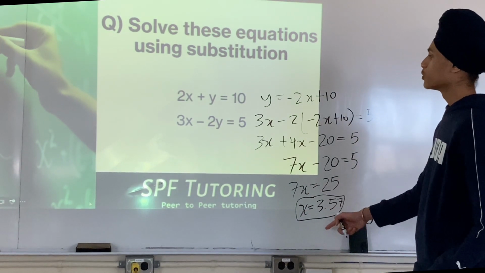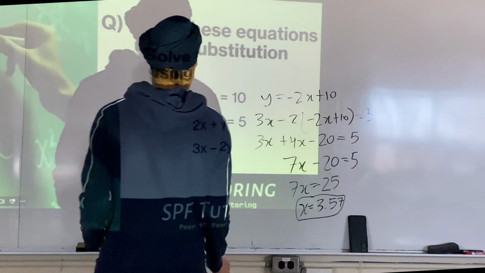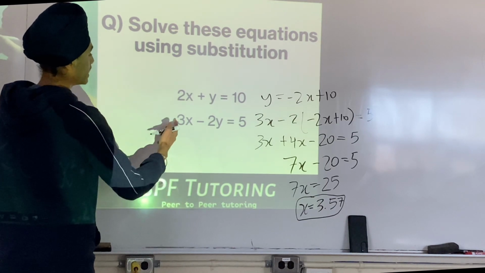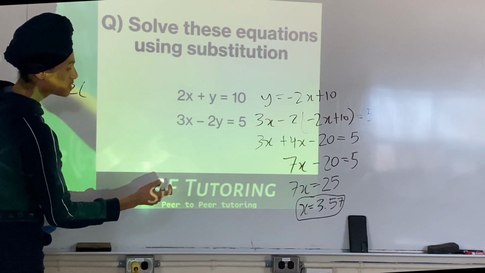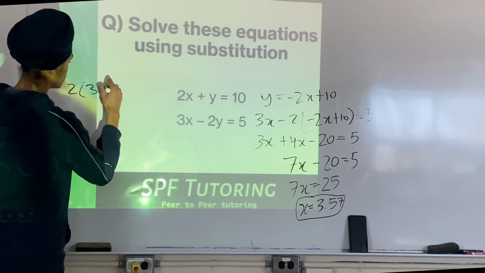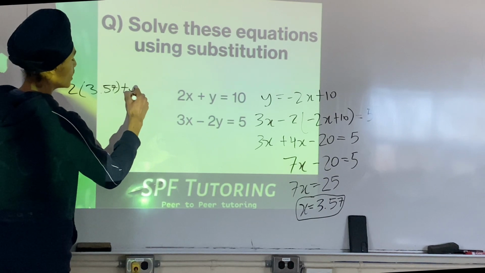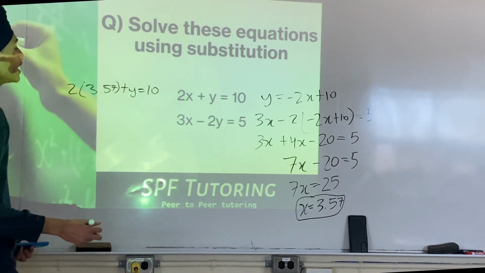Now this x, we have to sub into any of the equations. So let's choose the first one since we already have it. So 2 times 3.57 plus y equals 10. Now we have to solve for y.